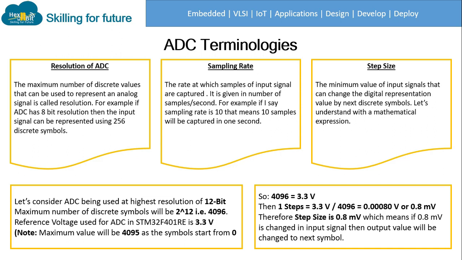In simple words, if we give 0.8 millivolt input to the controller, it will give you a digital 1. Let's say we double the value, that means 0.8 into 2, 1.6 millivolt. Then the controller will give you the corresponding digital output which is equivalent to 2, and so on. I hope the idea is clear.